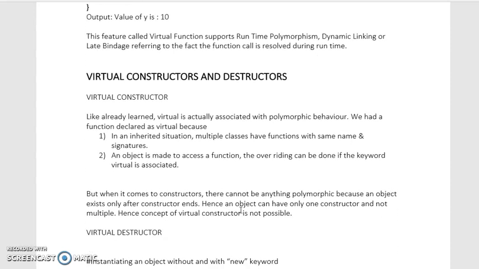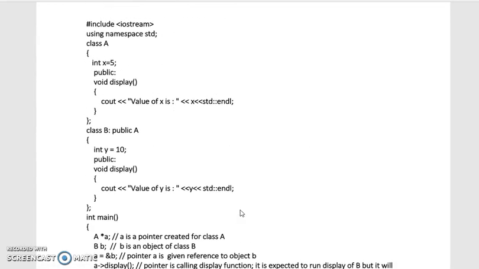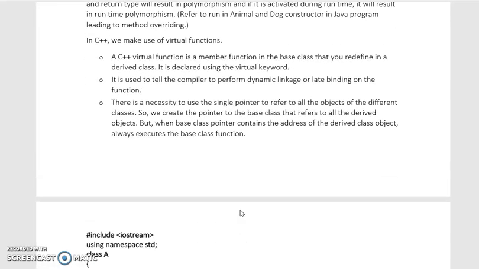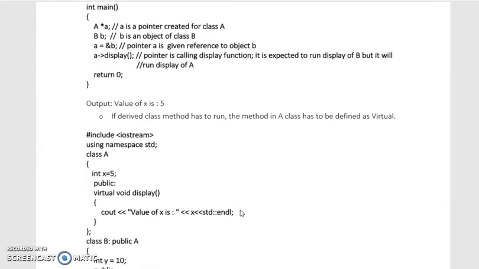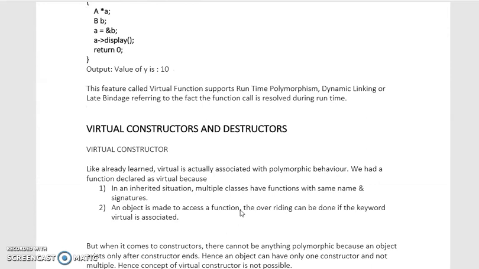The next concept is regarding virtual constructors and destructors. We have already learned about functions declared as virtual, and we know the virtual keyword supports runtime polymorphism. So with respect to constructors and destructors, adding the virtual keyword should support runtime polymorphism too, but there are certain aspects here.